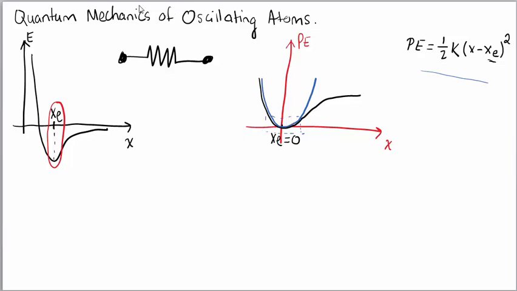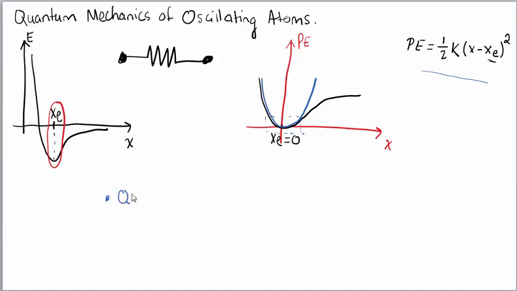Looking at this, there are a few things that are a little bit surprising in terms of the quantum mechanics of this system. This equation, as we can see and as we've drawn here, is a continuous function.